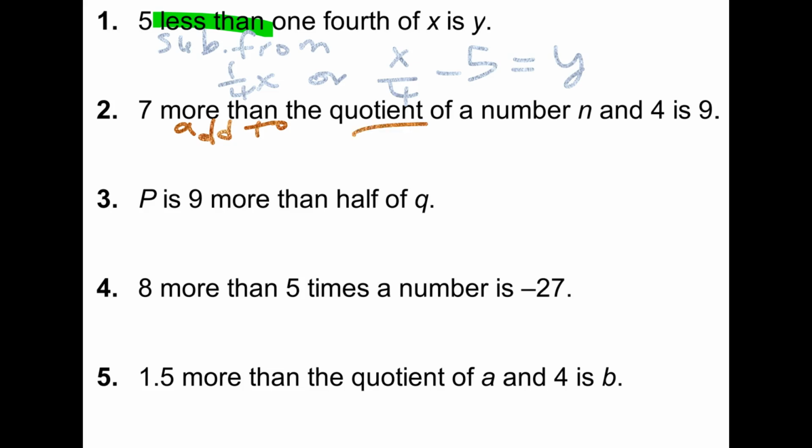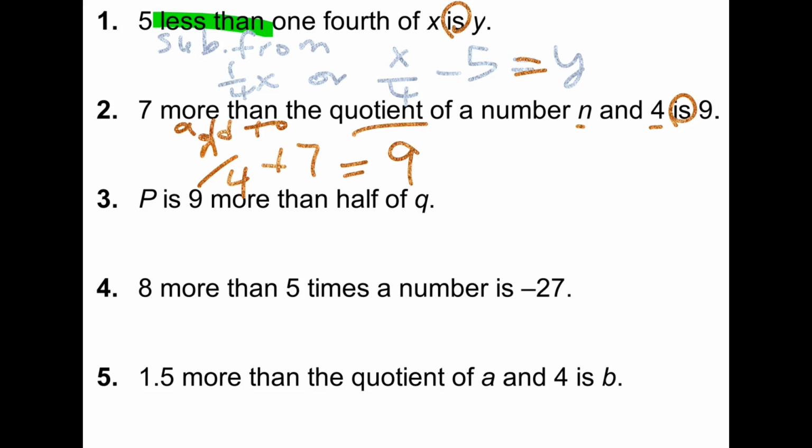So the quotient is division. So of a number n and 4. So 7 is being added to. So 7 is somewhere being added to what? It's been added to the quotient of n and 4 to give us is 9. All right, that's that. I forgot to put my little is right here.